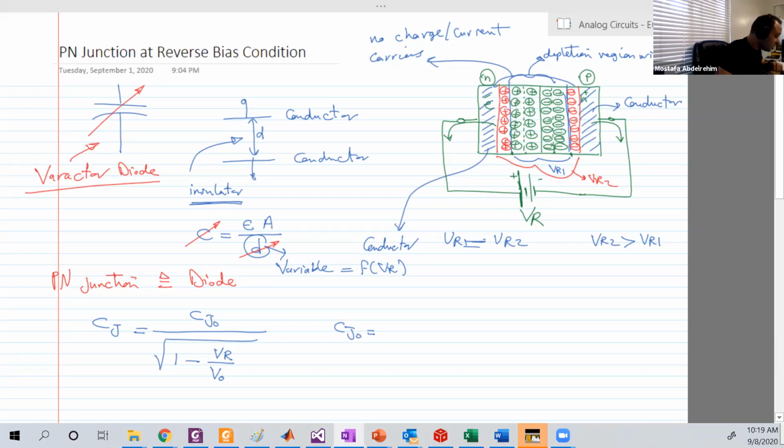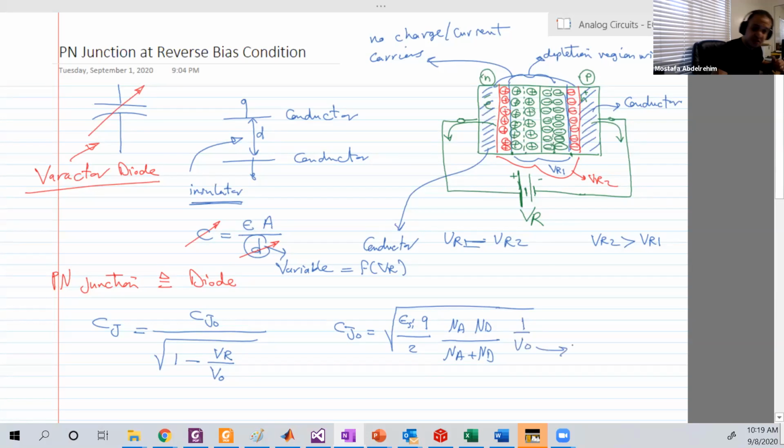Cj0 is equal to the square root of epsilon silicon, the dielectric constant for silicon, multiplied by the charge of the electron over 2, then Na, the acceptor doping concentration, Nd, the donor concentration, over Na plus Nd, multiplied by 1 over V0.